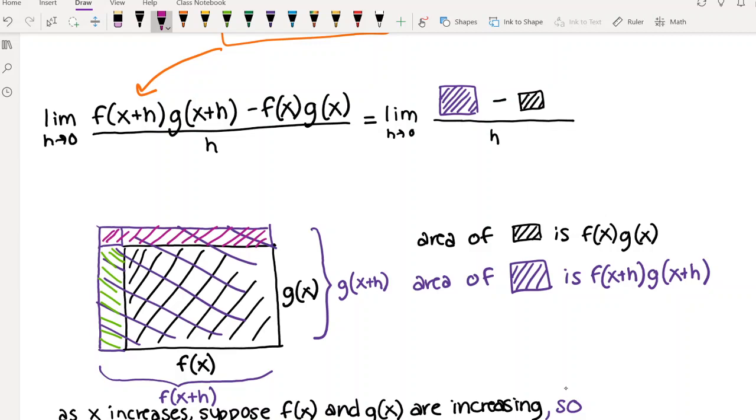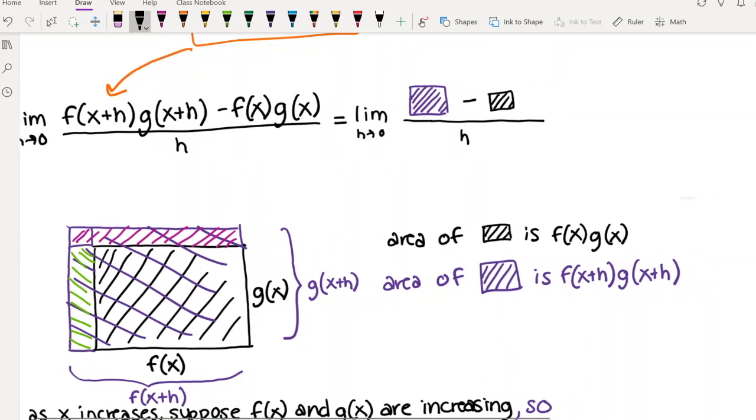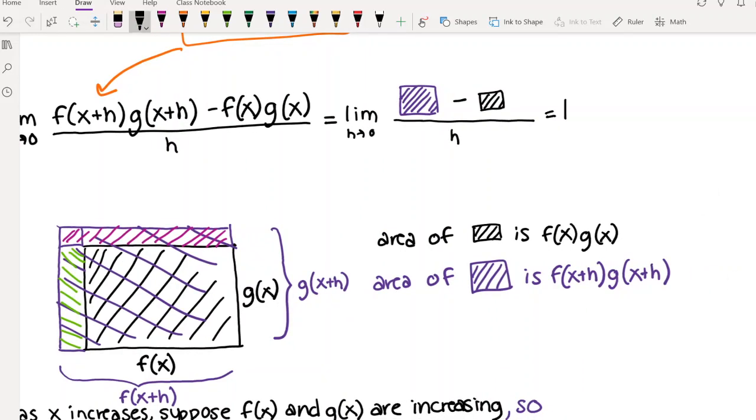Right? So if we look at what you get when you take the big purple rectangle and you subtract out the smaller black rectangle, you're left with this kind of upside down L shape. And this upside down L shape is made out of two pieces, the one that I just shaded in green and the one that I just shaded in like magenta. So I'm going to add that to our confusing shape limit up here.